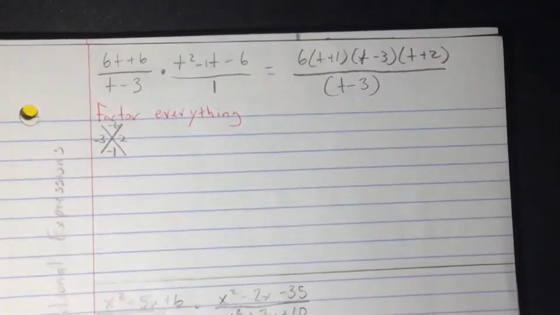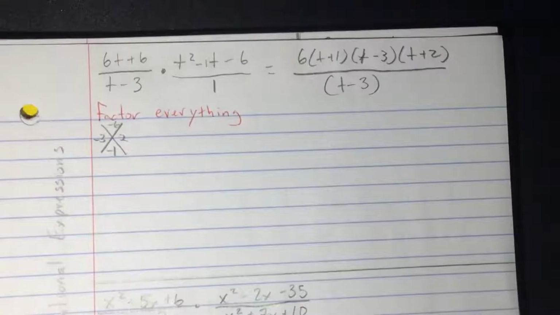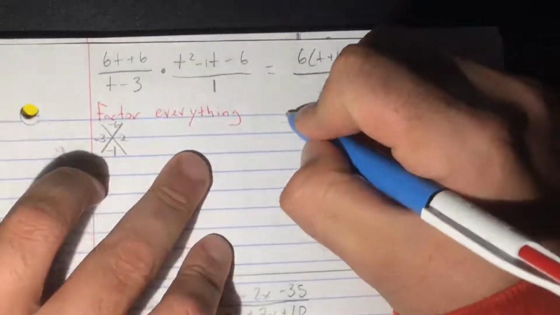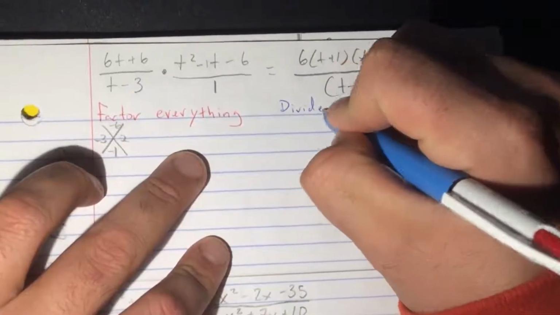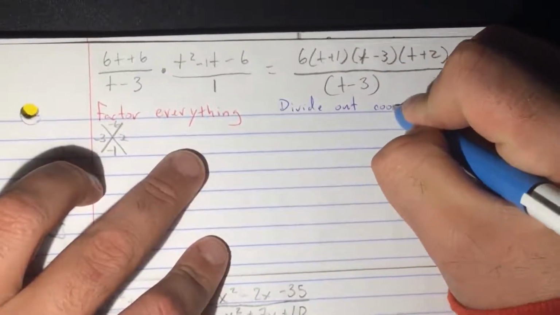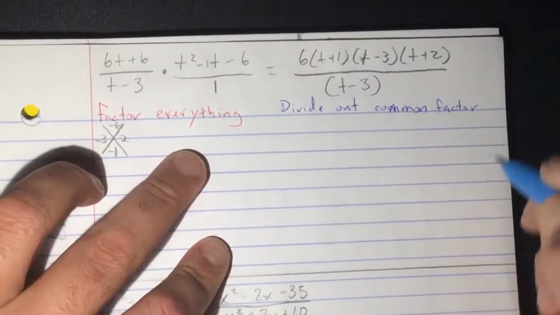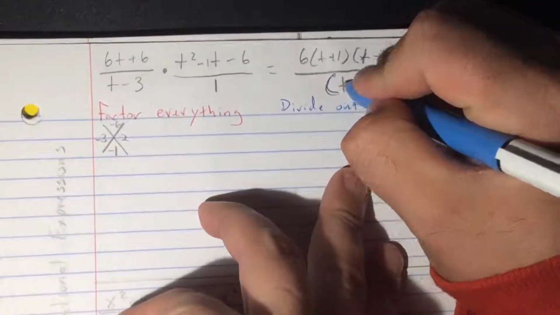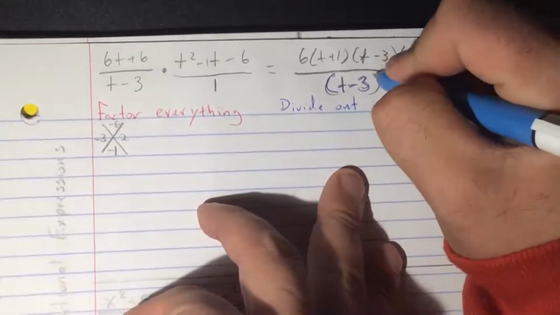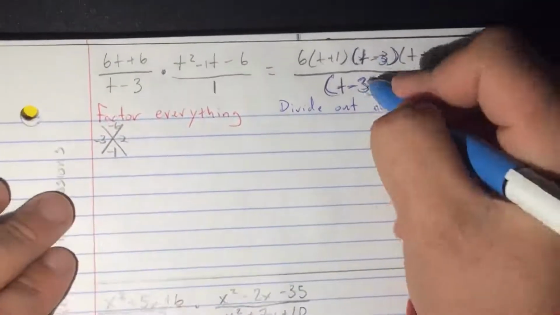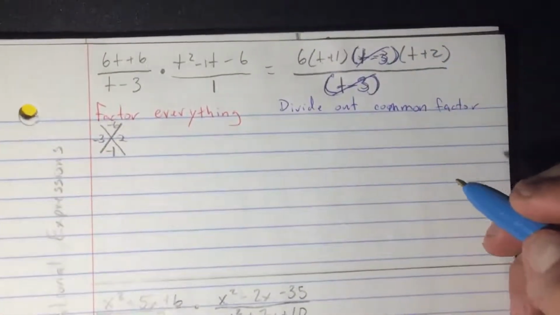All right, now that we're here, we can go ahead and divide out common factors. So we're going to do this in blue. Divide out common factors. And we can see we have a t minus 3 here and a t minus 3 here. And these would just simplify out.